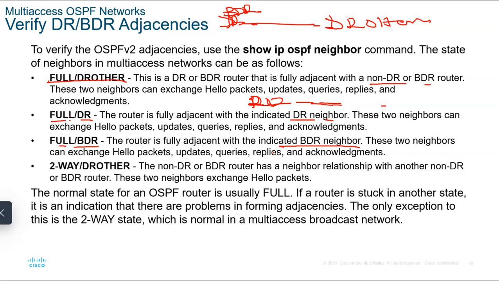Then we have two-way, or DR others. The non-DR or BDR router has a neighbor relationship with another non-DR or BDR router. So this is the DR on both sides. On this side you have DR others, and on this side DR others, or BDR.